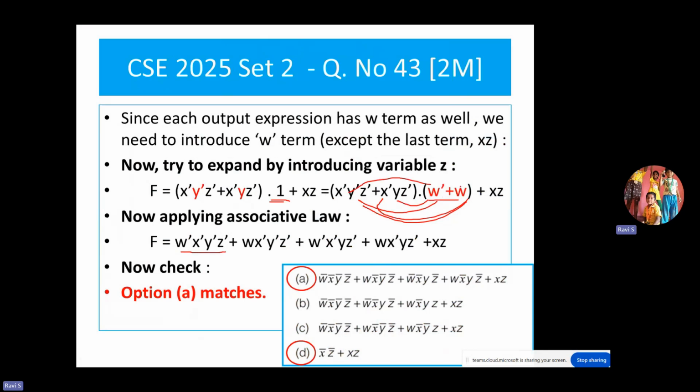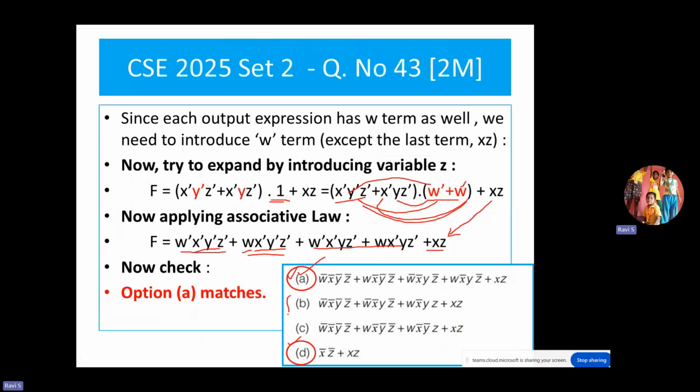Now if I introduce w, the same with the first term, it becomes w, x prime, y prime, z prime. The rest of the 3 terms are the same as the first one. Similarly, we have expanded this, we have got 4 terms, and the last one is not altered. Now if I compare, option A matches with this particular expression. So we can confirm that options D and A are correct.